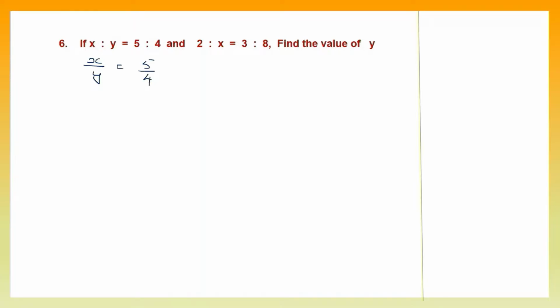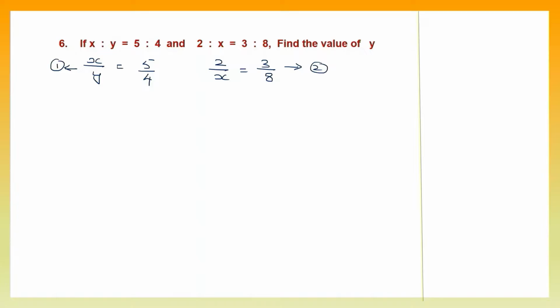And the second part, 2 by x equals 3 by 8. Now let's find the value of x in the second part. This is the second part and this is the first part. We are not finding the first part now because we have two unknowns, x and y, whereas in the second part we have only one unknown, which is x. So let's find the value of x based on this.